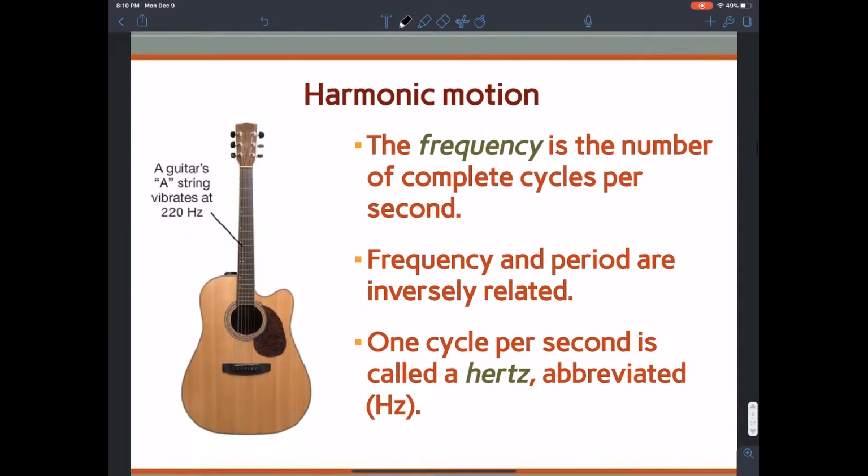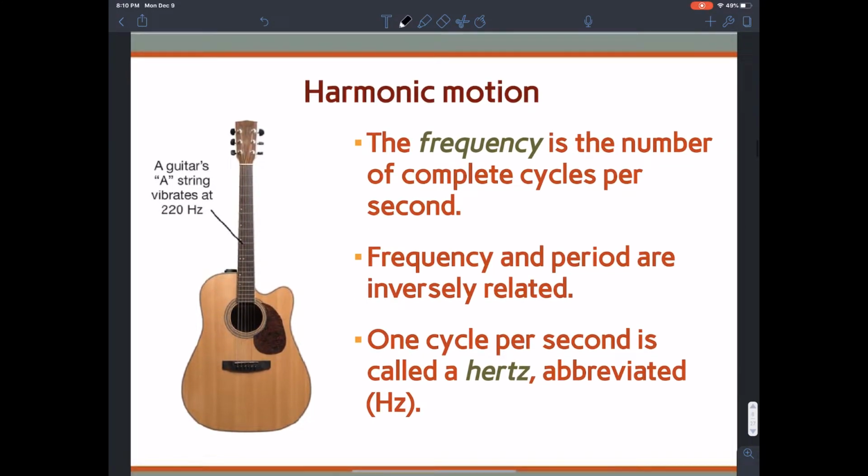We go on, the other term that we're trying to identify is frequency. Frequency is a little different than the period, but they are related to one another. Frequency is the number of vibrations or the number of cycles per second. So the key here is per second.